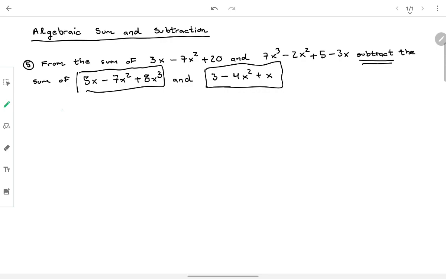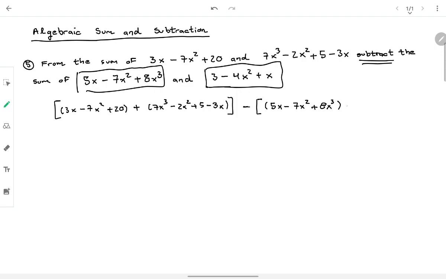So we can write this specific expression as something like this. It says from the sum of 3x minus 7x squared plus 20 and 7x cubed minus 2x squared plus 5 minus 3x, subtract, that will be minus, the sum of 5x minus 7x squared plus 8x cubed and 3 minus 4x squared plus x.